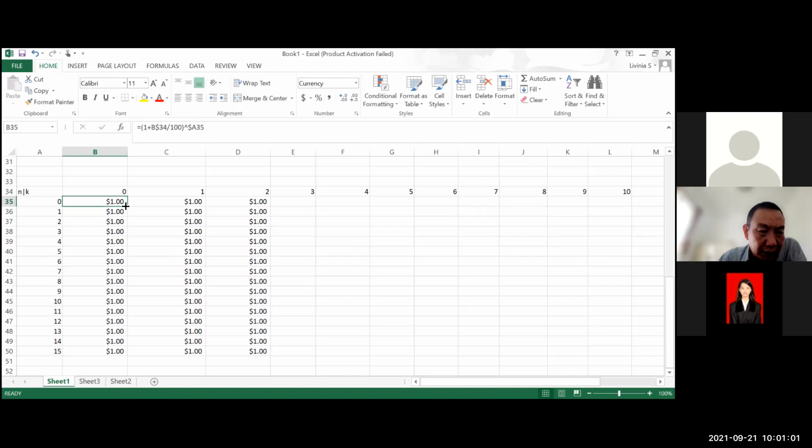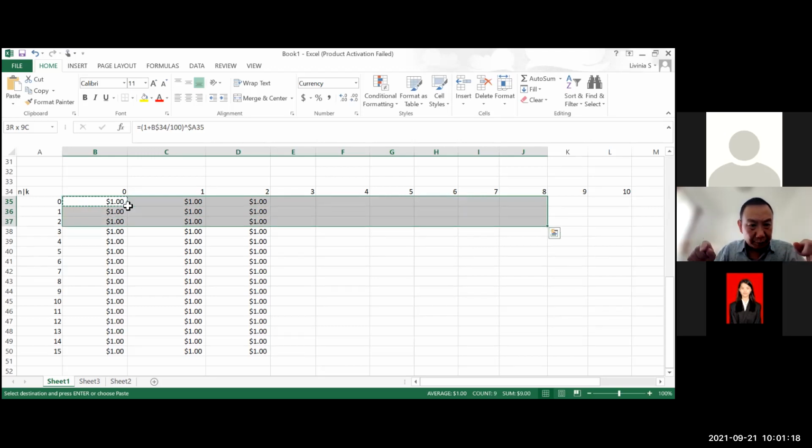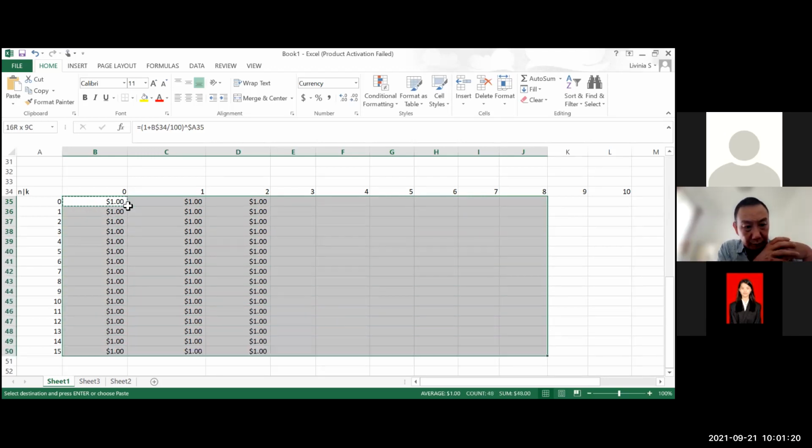Okay, Control C. Control C. Yes. Okay, and then use your shift arrow, shift and arrow. Shift key you press. Okay, and then arrow to the right and down. Right there, and then Control V.